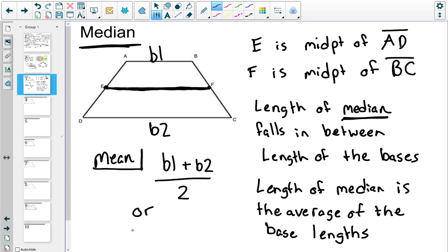Or base 1 plus base 2, times 1/2. Either of these work, but in order to find the median length, you need to know that the median length is the average of the base lengths, meaning you can add them together and divide by 2, or you can add them together and multiply by 1/2.